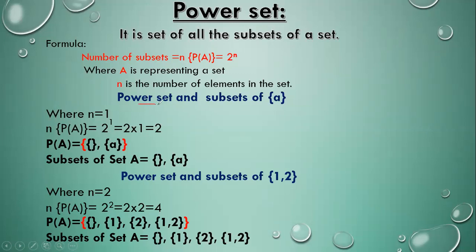Now the question is to find the power set and subsets of set A. How many elements are there? Only one element. So n is equal to 1.